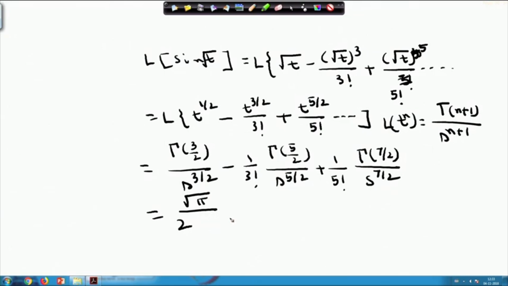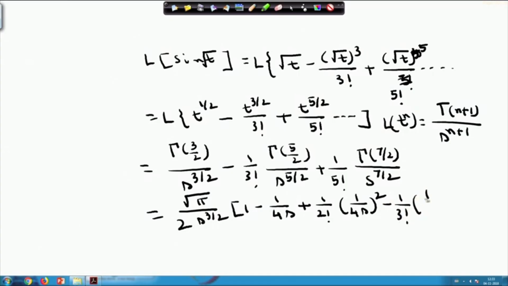So using that formula I can always break it. The s to the power 3 by 2 will be common, 1 minus 4 by s plus 1 by factorial 2 into 1 by 4s whole square minus 1 by factorial 3 into 1 by 4s whole cube, and like this way it will continue.